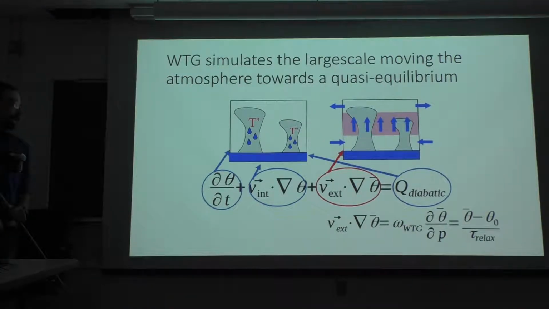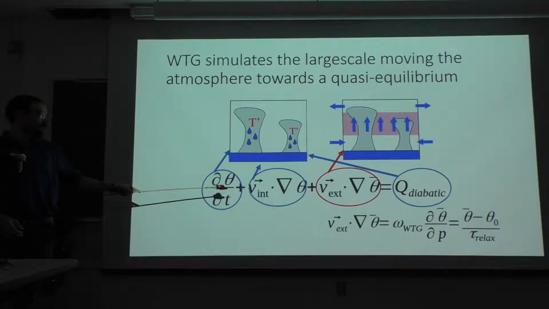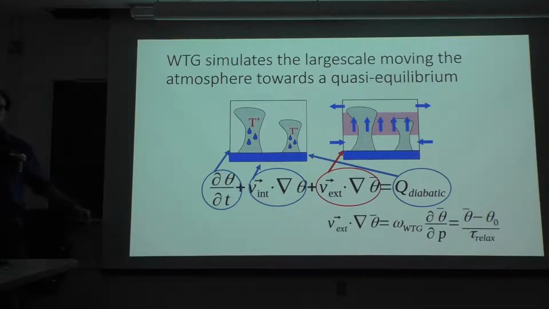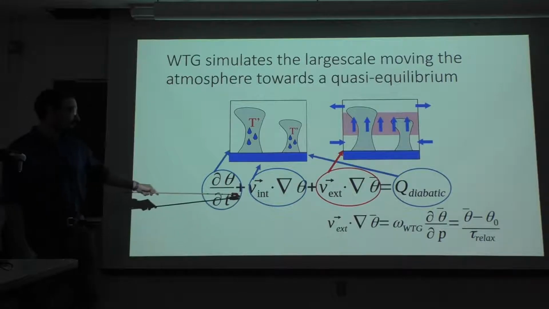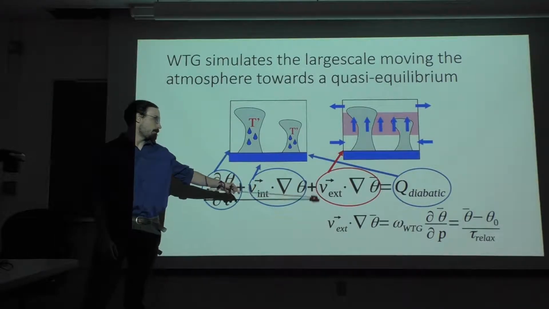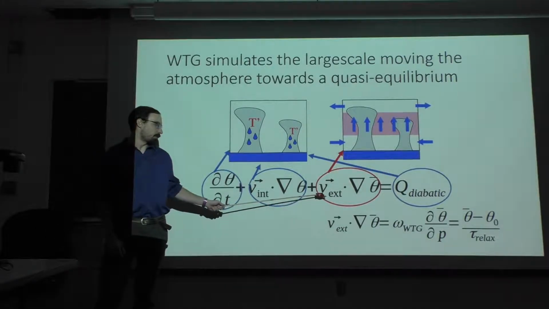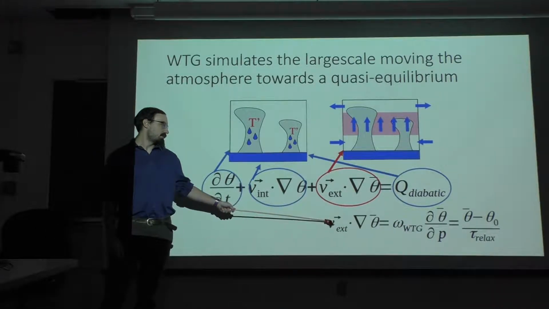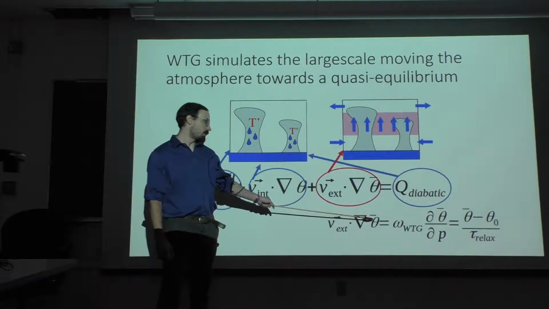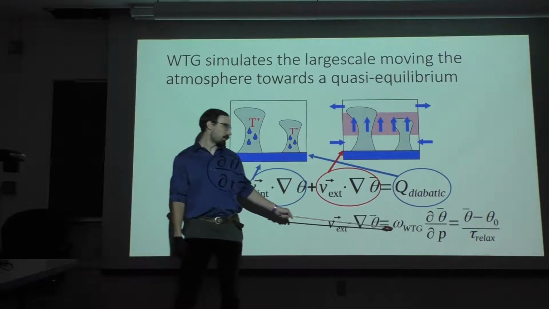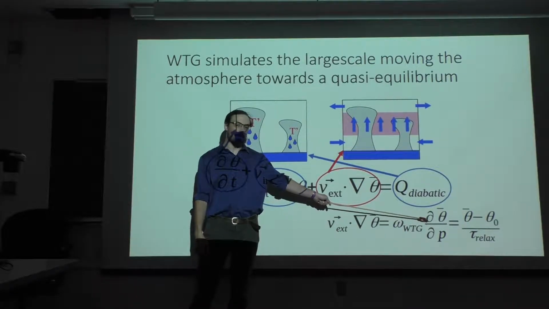The way the model actually functions, we have, as I was saying, internal components and external components. So here's the budget for potential temperature, and we've separated the winds into an internal component and an external component. And in order to specify the external component, we say that we ignore the horizontal temperature gradients, which gives us only the vertical velocity times the vertical lapse rate.